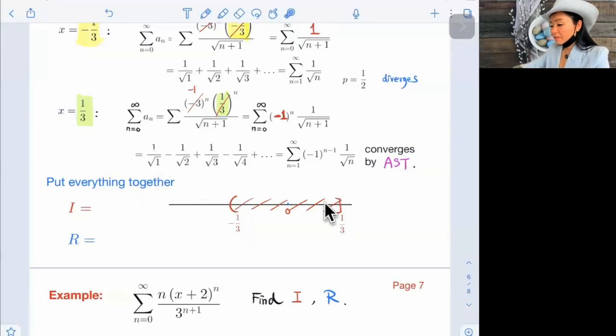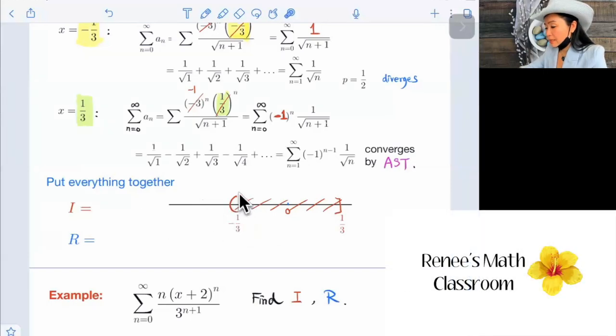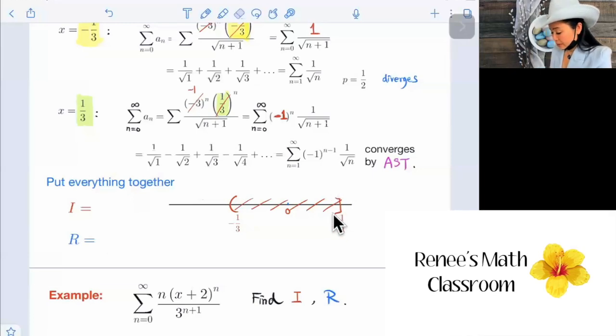So what's the interval of convergence? Parenthesis or bracket? Open here. And then comma, and then 1/3 bracket. Yes. So that will be the interval of convergence.